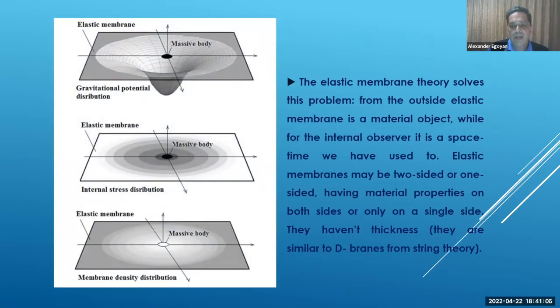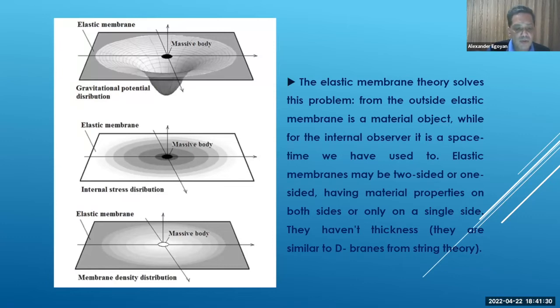From the outside, elastic membrane is a material object, while for the internal observer, it is a space-time we have used to. Elastic membranes may be two-sided or one-sided, having material properties on both sides or only on a single side. They have no thickness. They are similar to the branes from string theory.